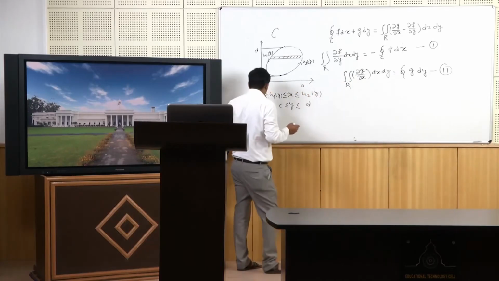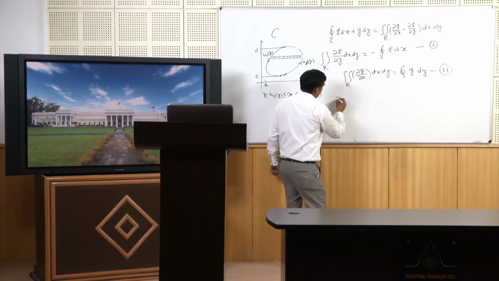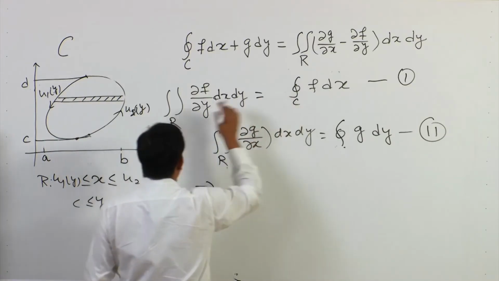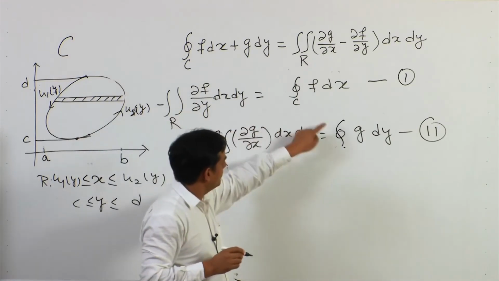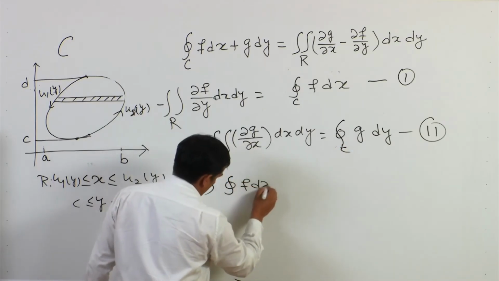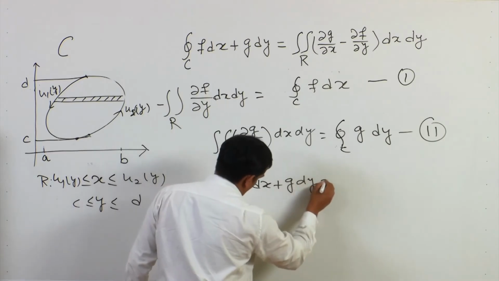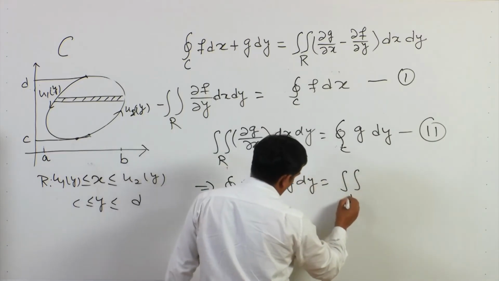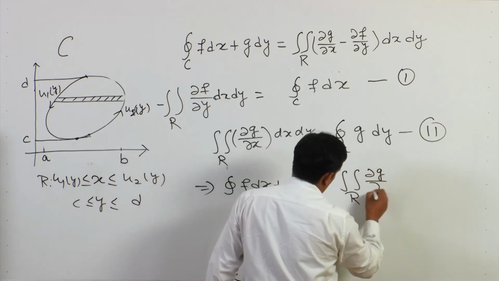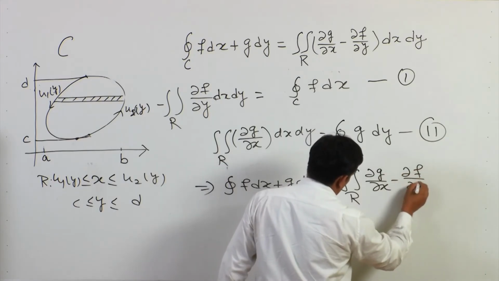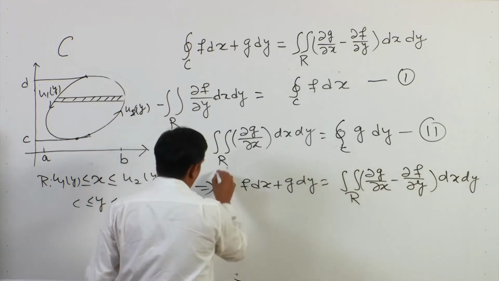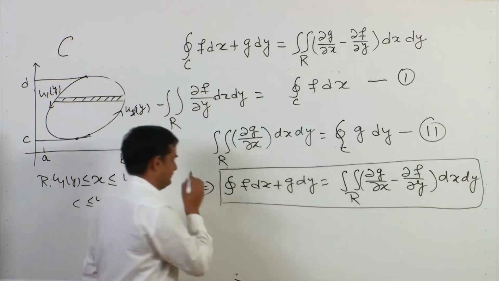Now, from first and second, I can write it by adding first and second. So, I can take this minus here. So, the integral of f dx plus g dy over the curve C equals the double integral over the region R of del g over del x minus del f over del y dx dy, and this is the relation of Green's theorem.